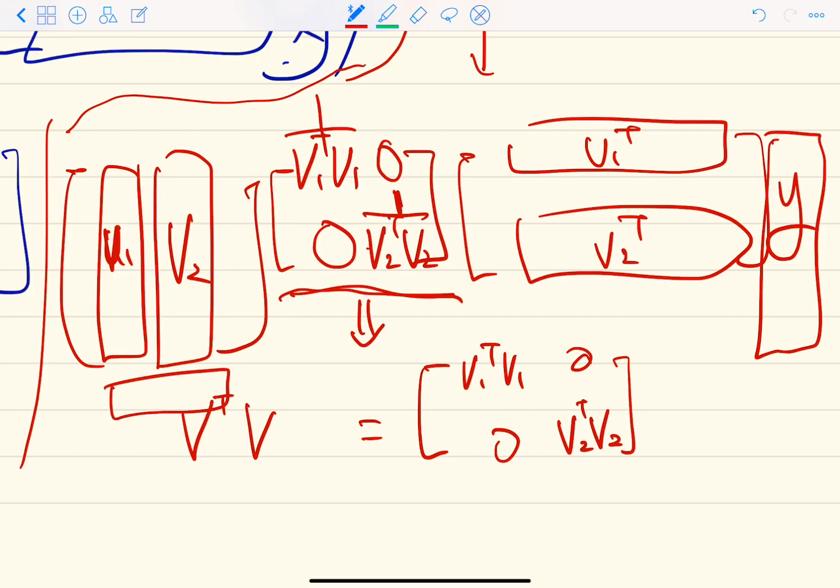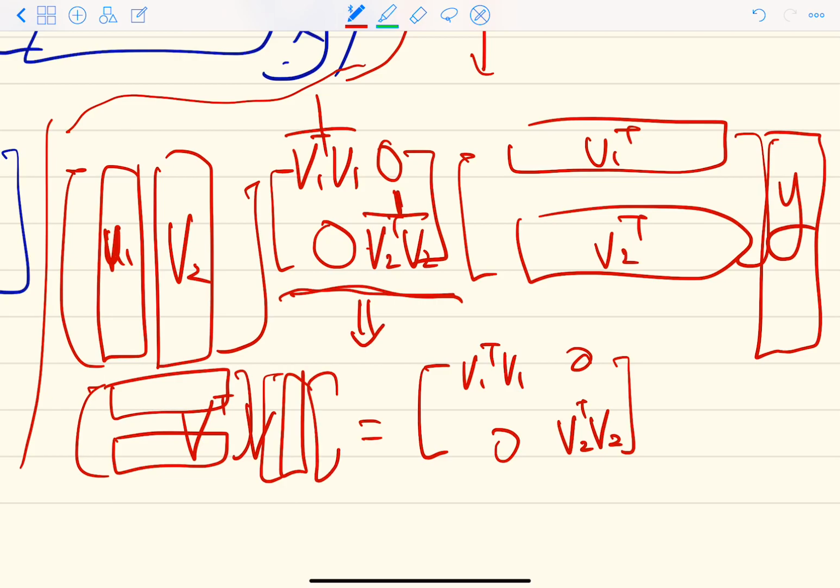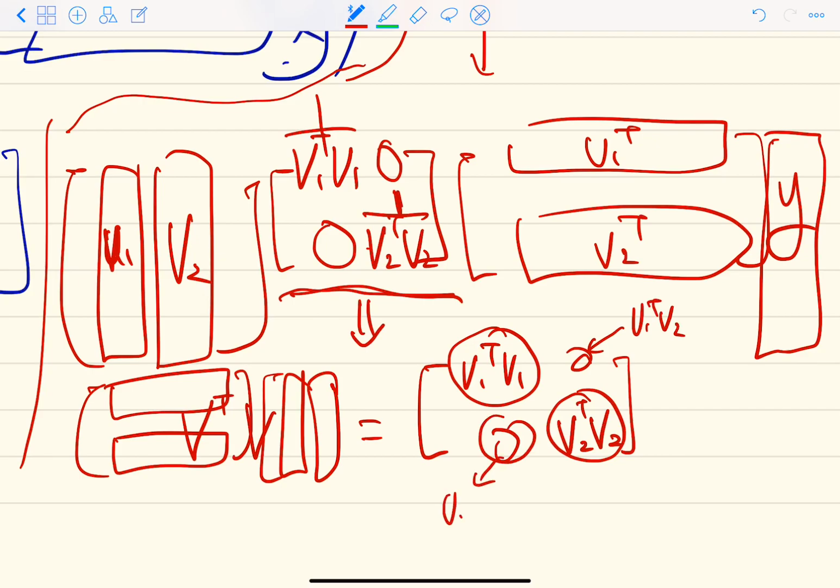So we have V1 and V2, and the diagonal matrix will be the inner product of each with itself. The off-diagonal parts, V1 transpose V2 and V2 transpose V1, will become 0, right?